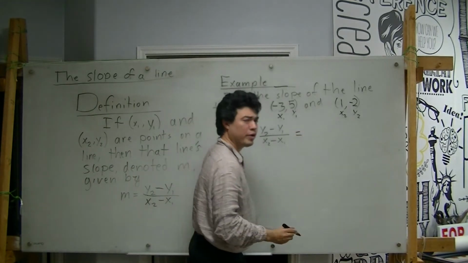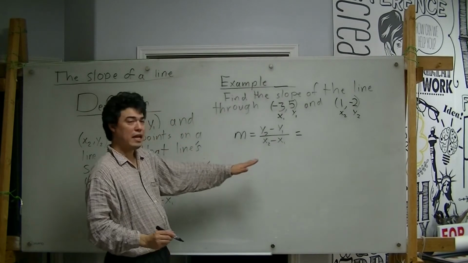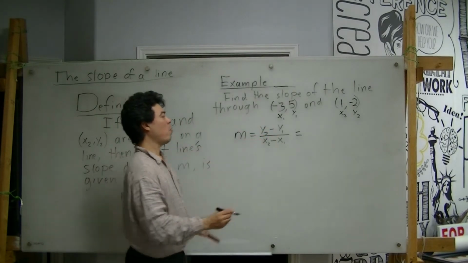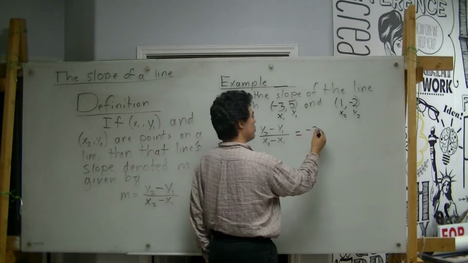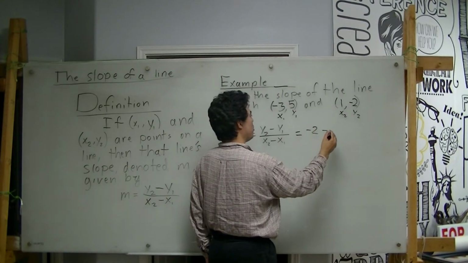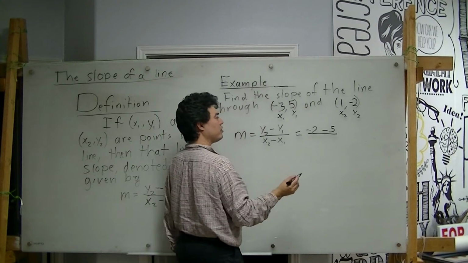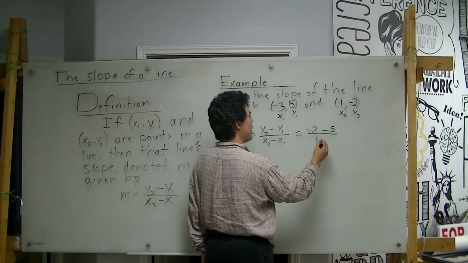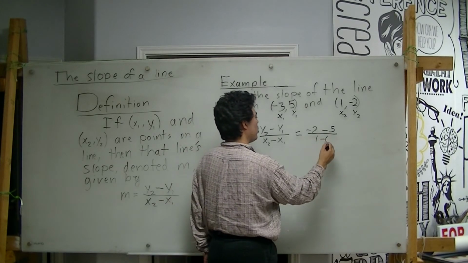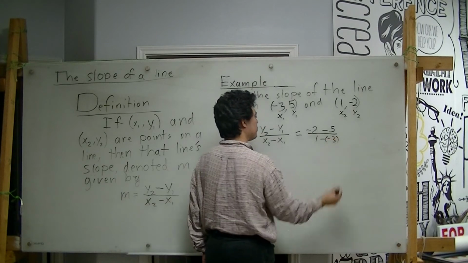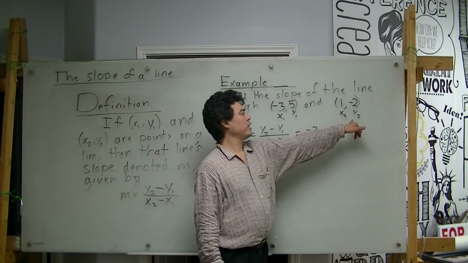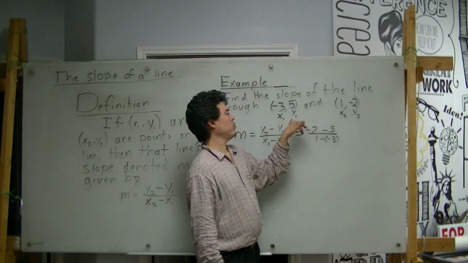Okay, so here we go. We write down our formula, and now we plug in. y2 is -2 minus our y1, which is 5, divided by our x2, which is 1, minus our x1, which is -3. Right, our y2 -2 minus our y1, which is 5.